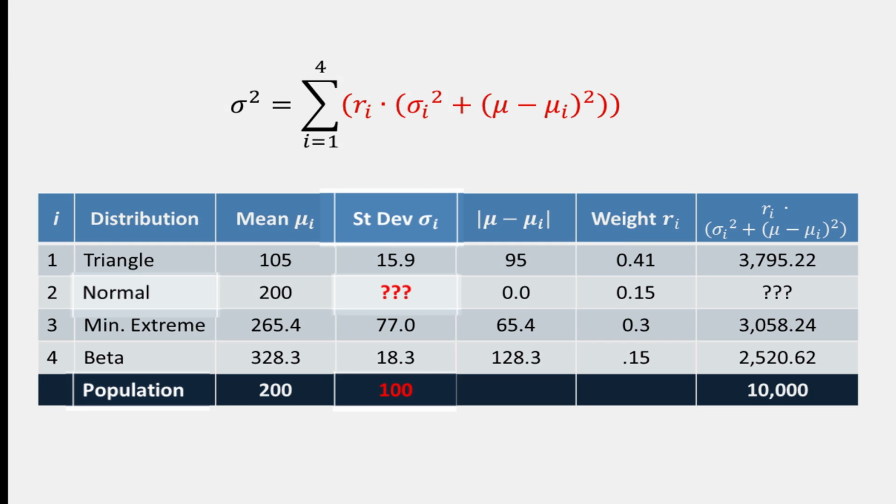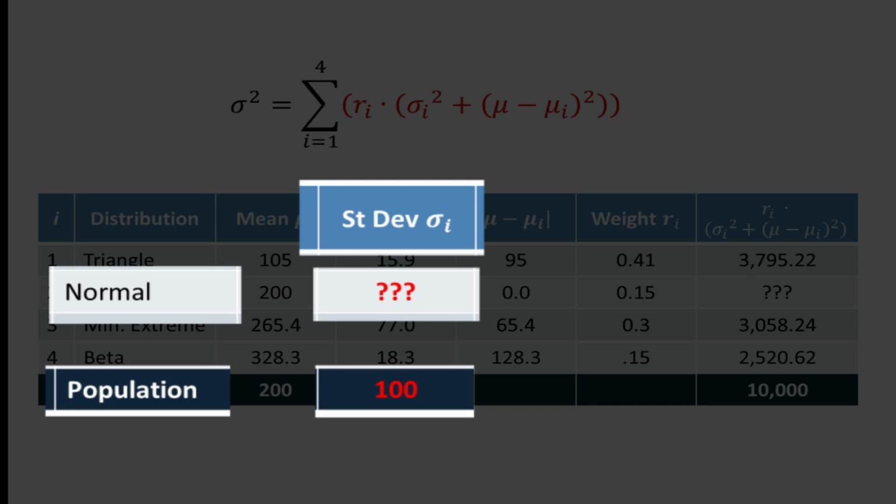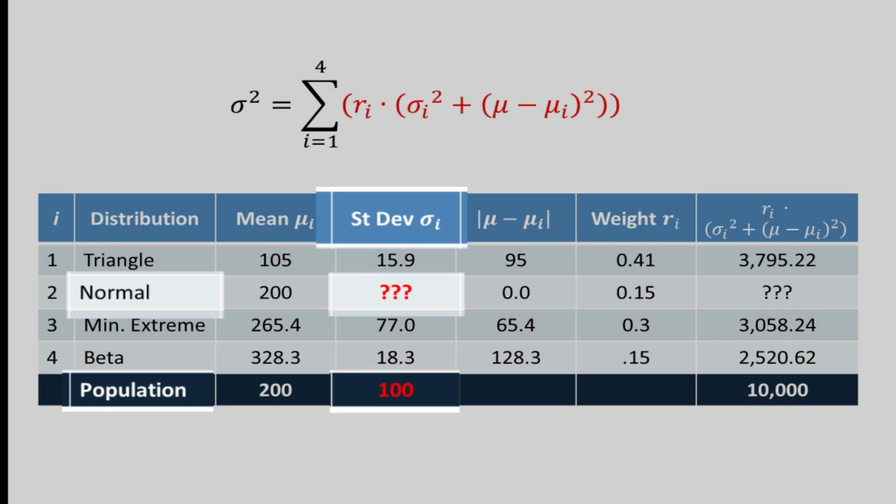Recall that I didn't determine the standard deviation for the normal distribution beforehand, because I wanted to give me some degrees of freedom here to make sure that the standard deviation of the total population will be 100.